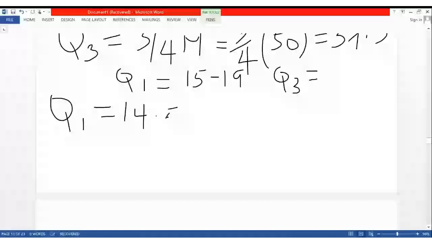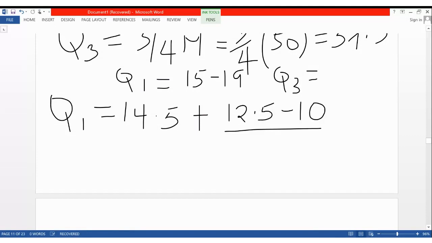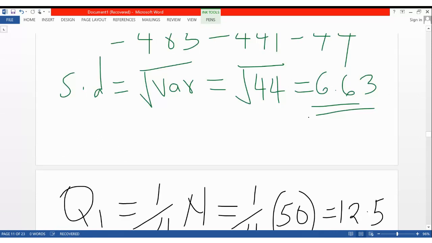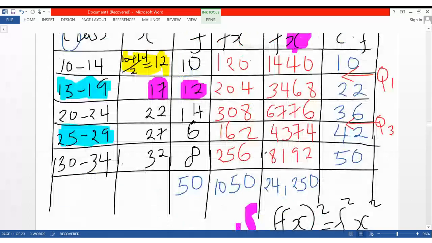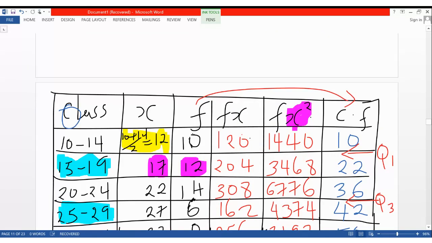We subtract the cumulative frequency, which is 10, and then we come to the frequency of this class that I've marked in blue. The frequency is 12. I'll go back and divide by that frequency.